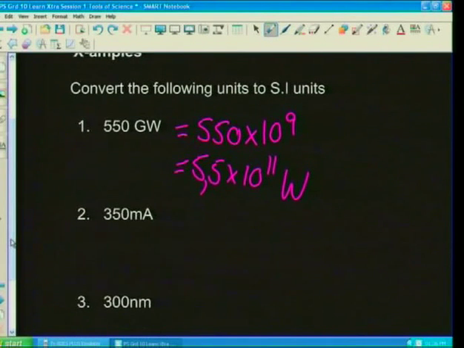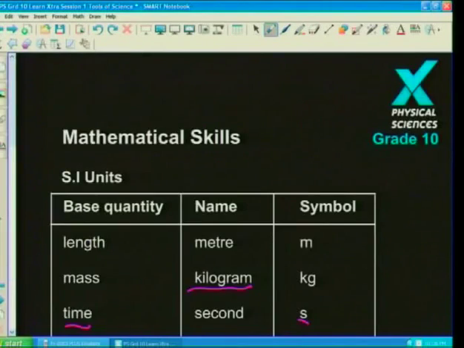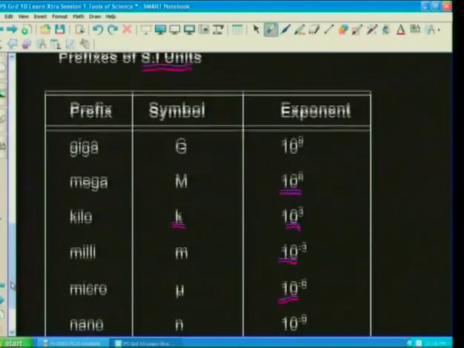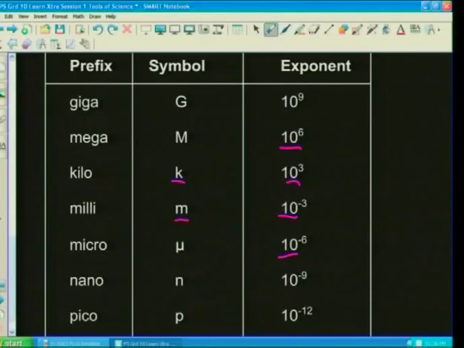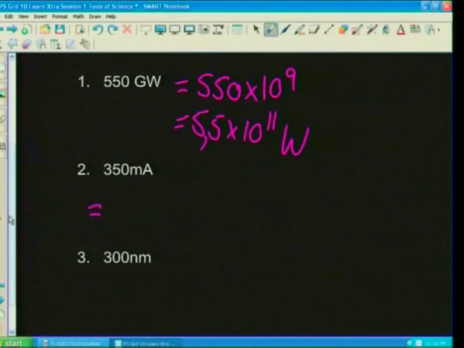What about going smaller? 350 milliamps. I'm going to replace the milli by 10 to the minus 3. Back to our table just to check on the prefixes, and you'll see that milli is times 10 to the minus 3. So that's where I got it from. I'm going to say 350 times 10 to the minus 3 amperes.